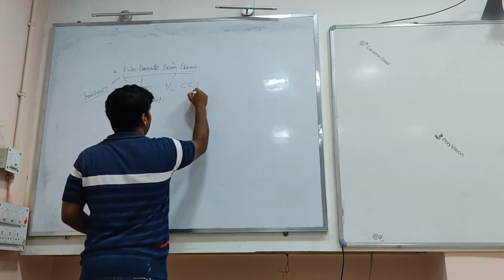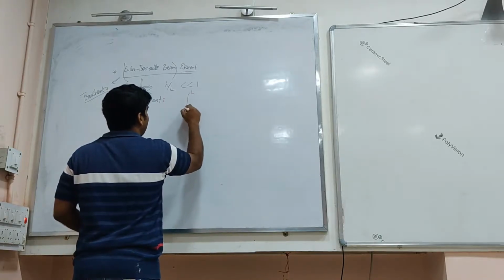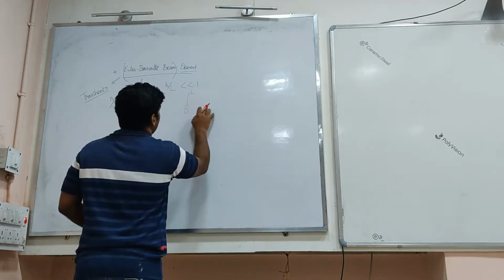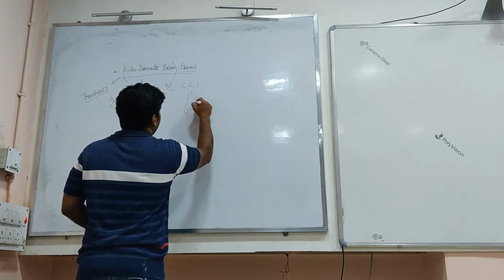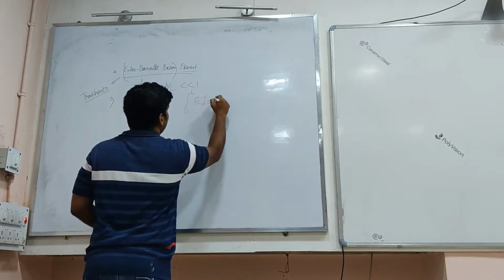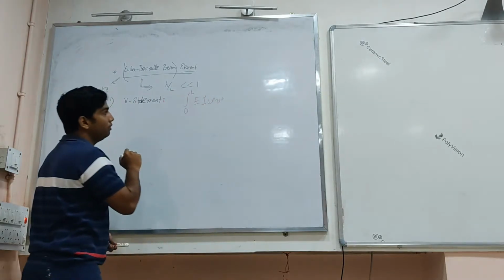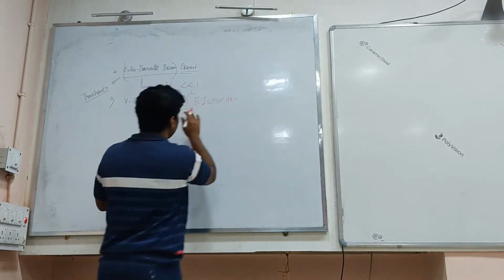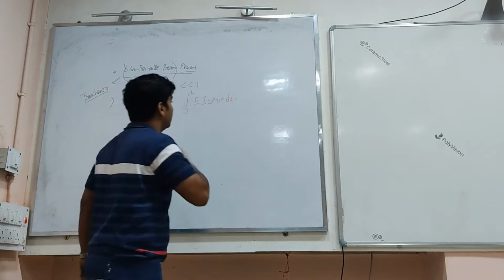So 0 to L, I'm writing on the board so I should be going with a larger font, EI W double prime V double prime, V being the variation of W, dx, and this left hand side is what forms the stiffness matrix.